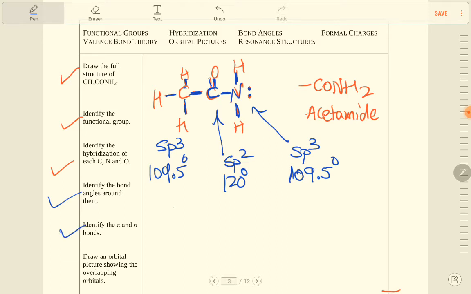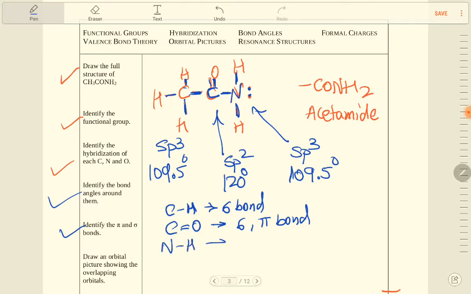So basically CH is a sigma bond, C double bond O is 1 sigma and 1 pi bond, and then NH is a sigma bond, so that you can identify.